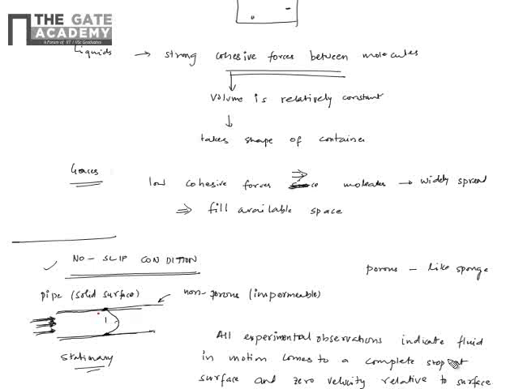and the layer immediate to the layer which is in contact will slow down from the uniform velocity. See, initially the entire fluid is moving with uniform velocity. Now when it comes in contact with the solid surface, the immediate layer which is in contact with the wall surface, that speed is 0.